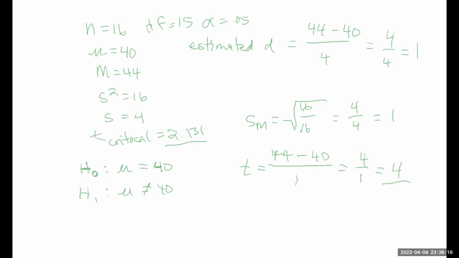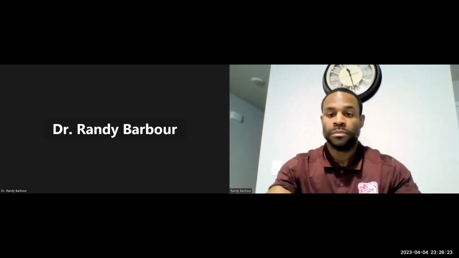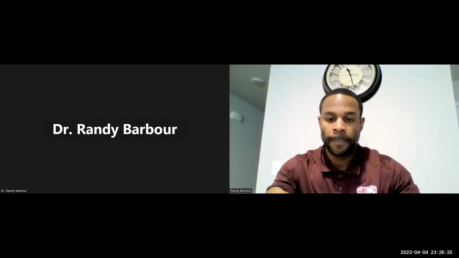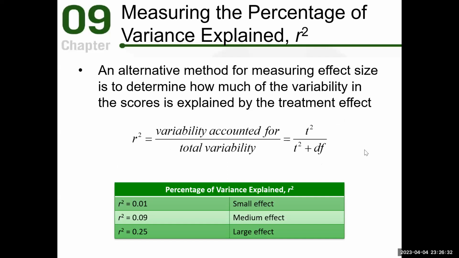All right. So let me stop sharing this, and then we'll finish up with r squared. As we see, here's an alternative to Cohen's D. Sometimes what's very useful is that we want to explain the variance of the measure.